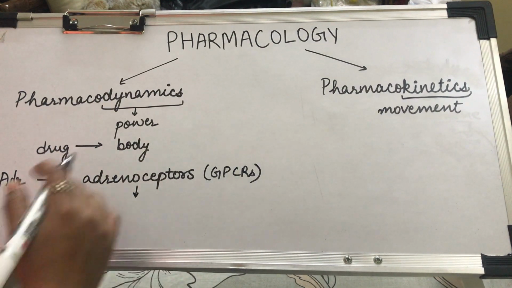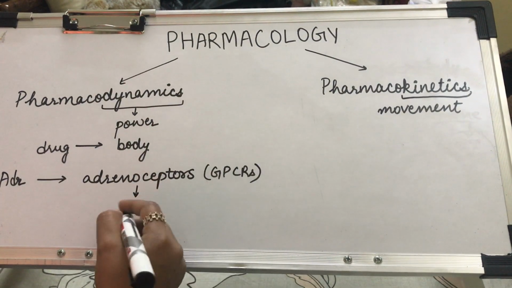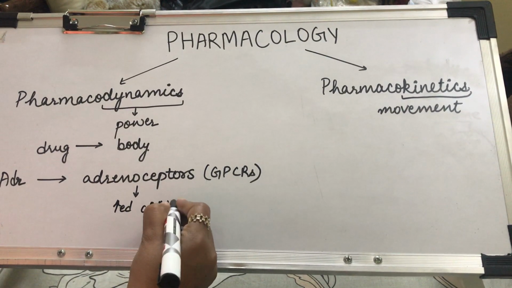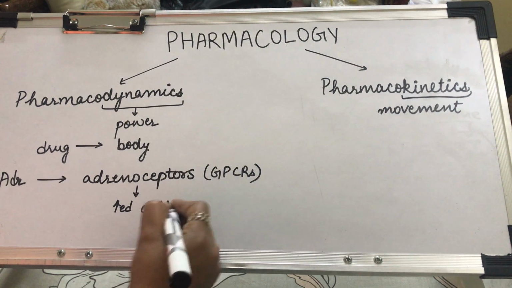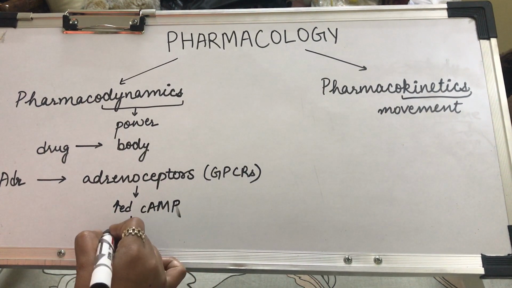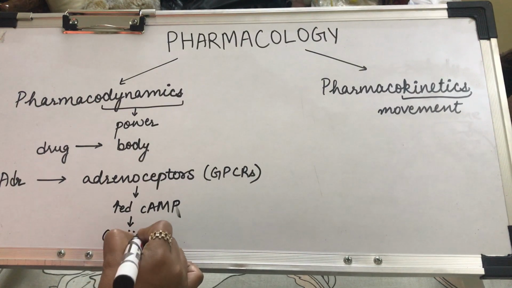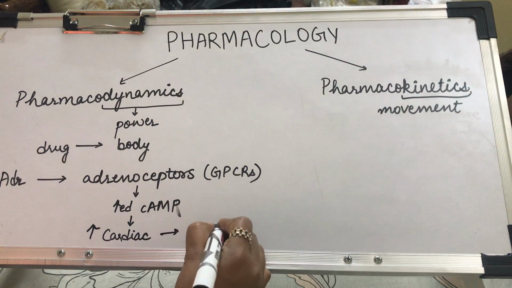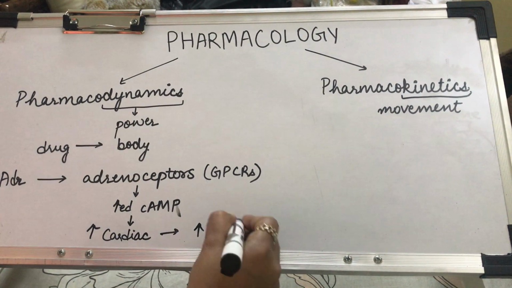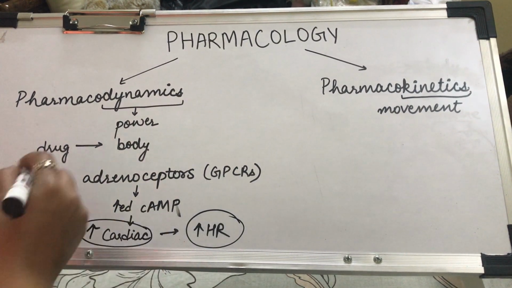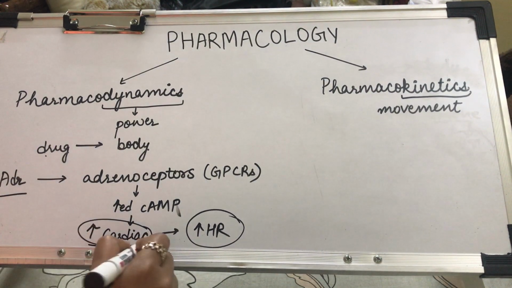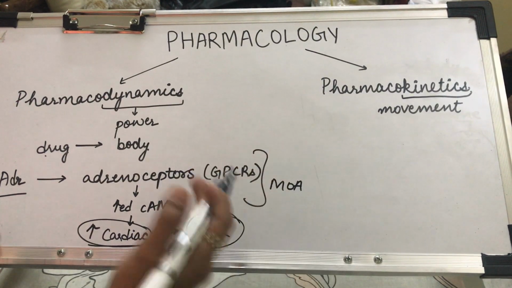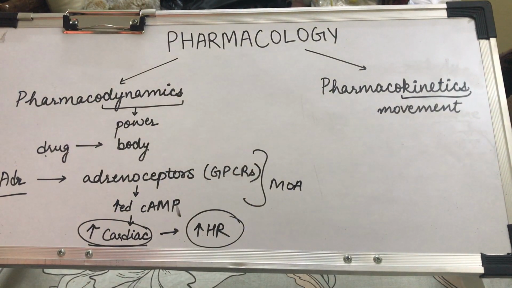What they are going to do, that is what their mechanism of action is going to be, they are going to increase cyclic AMP, and they are going to cause cardiac stimulation, and there will be increased heart rate. So this drug will be producing this effect via this mechanism of action. This is the pharmacodynamics of the drug.